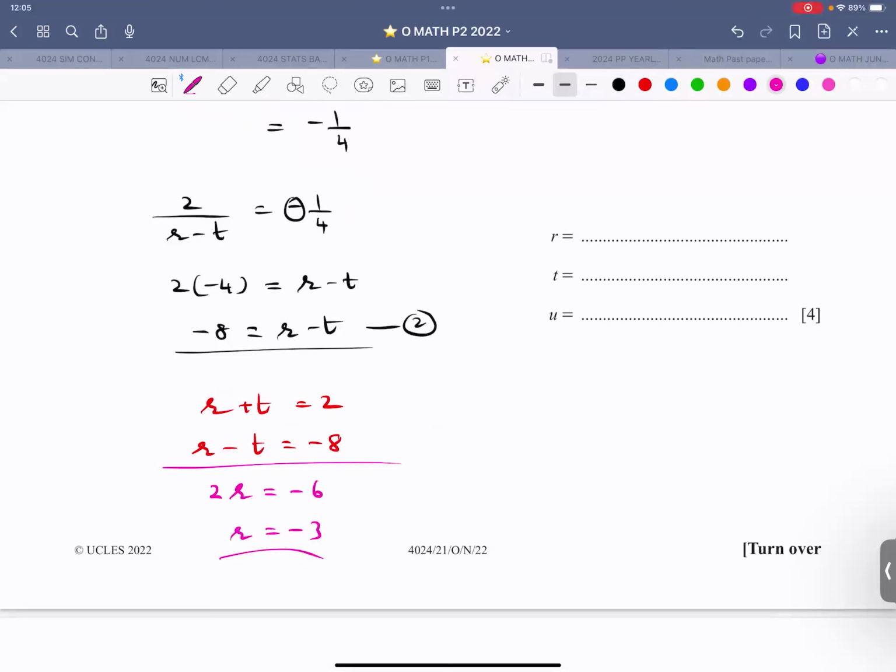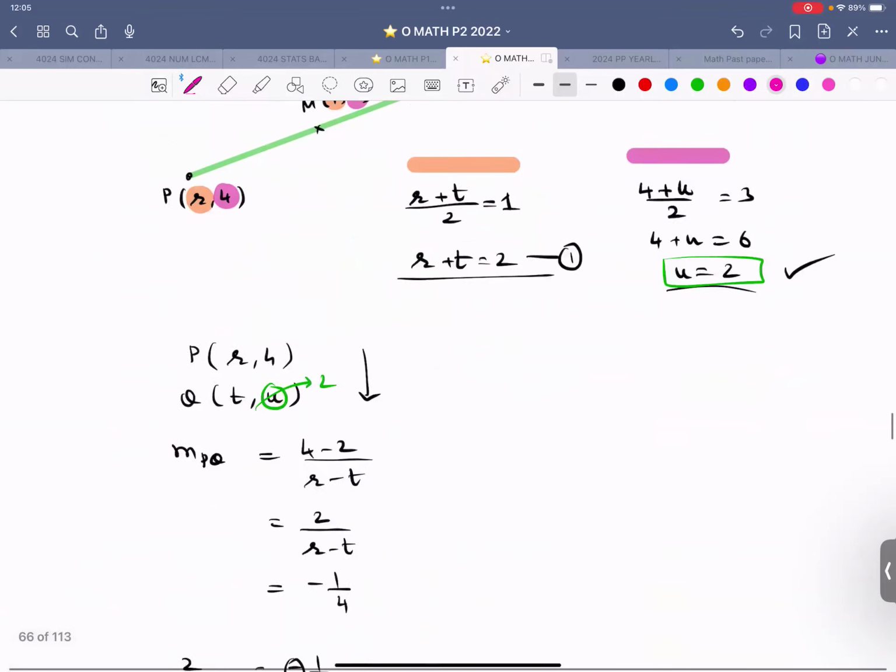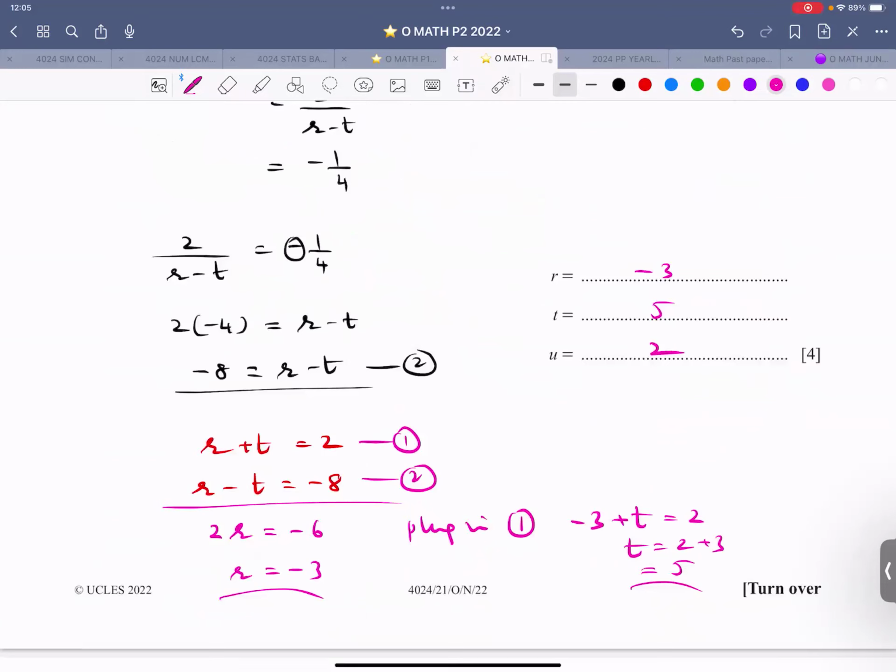So the value of R is negative 3. Plug into equation 1: negative 3 plus T equals 2. T is 2 plus 3, which comes out to be 5. So T is 5, R is negative 3, and U was found earlier, that is 2. So negative 3, 5, and 2.